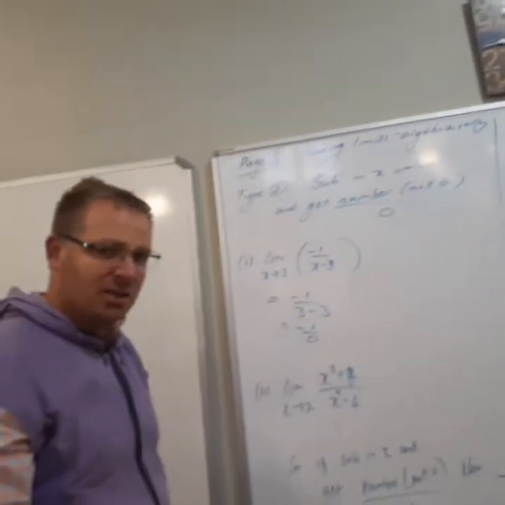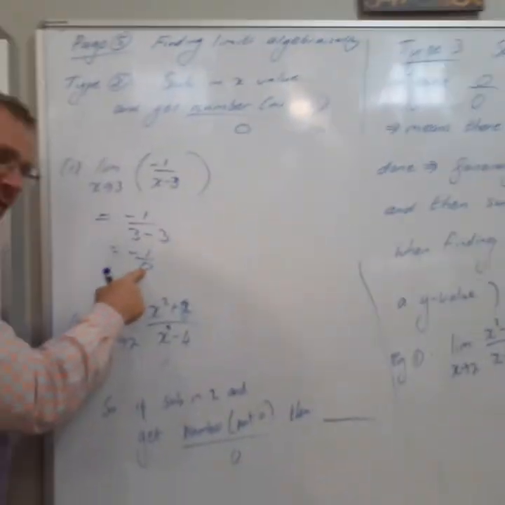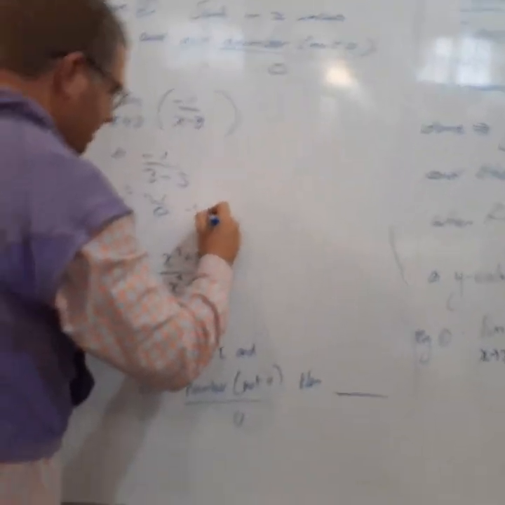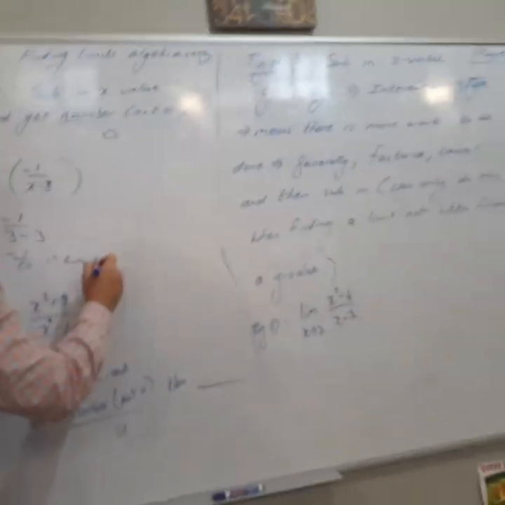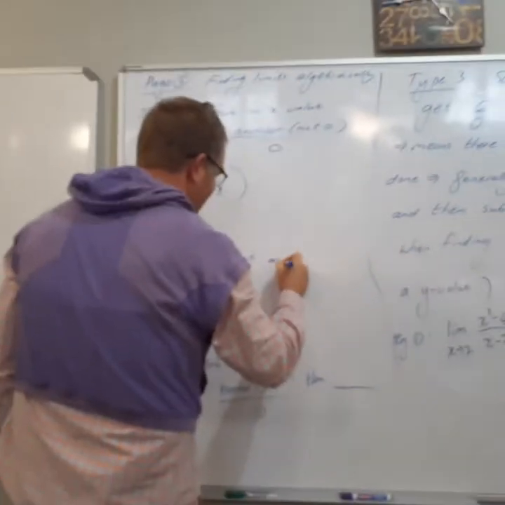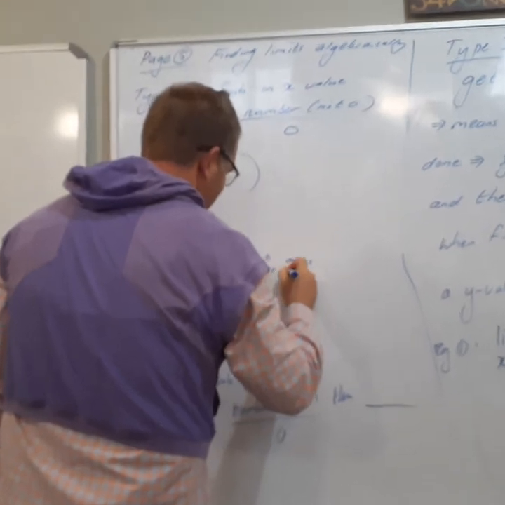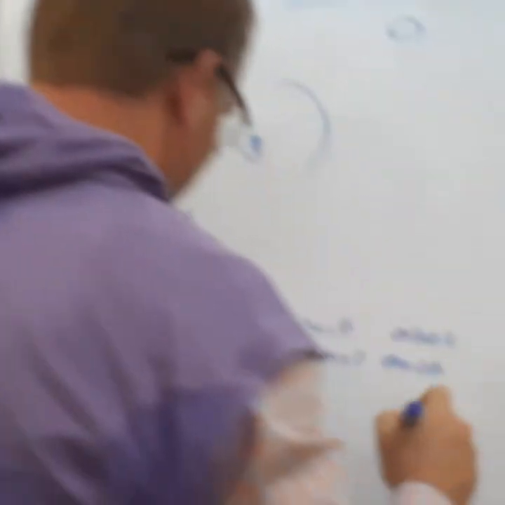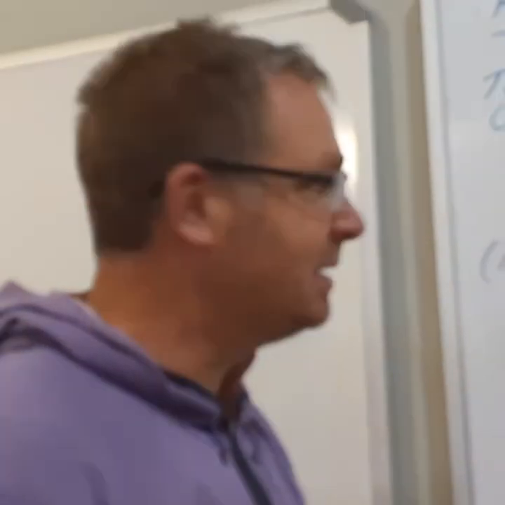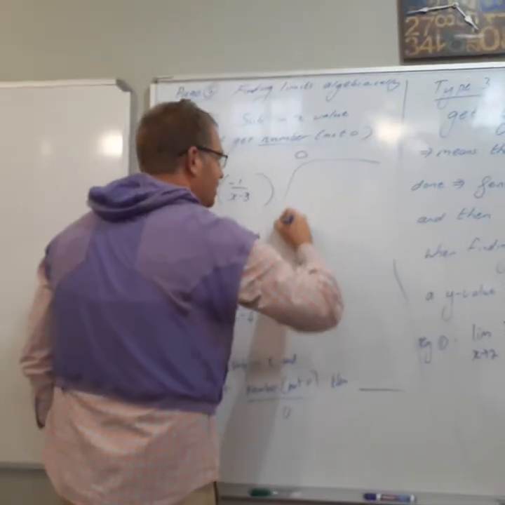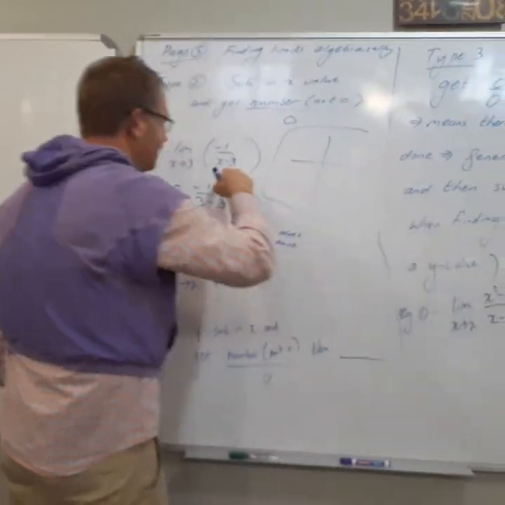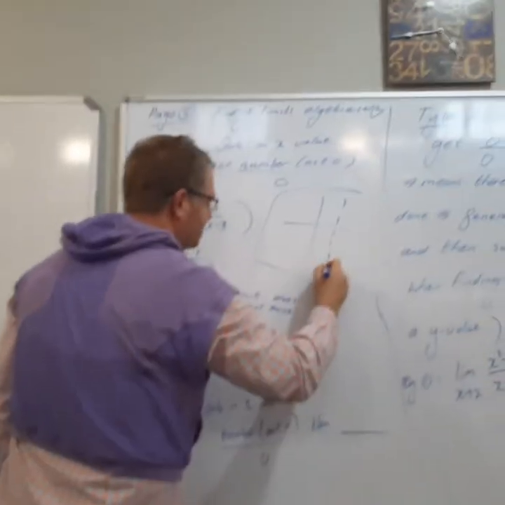If you get that situation, negative 1 over naught, we say therefore the limit does not exist. So if you sub in and you get a number over naught, we say the limit doesn't exist.